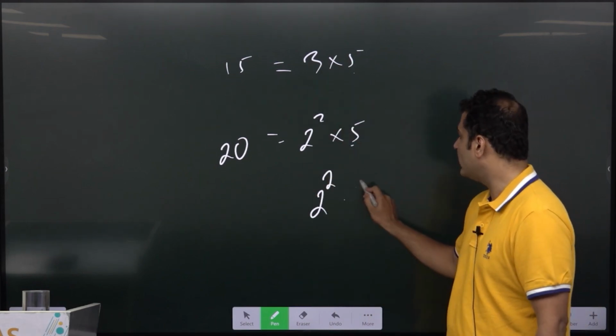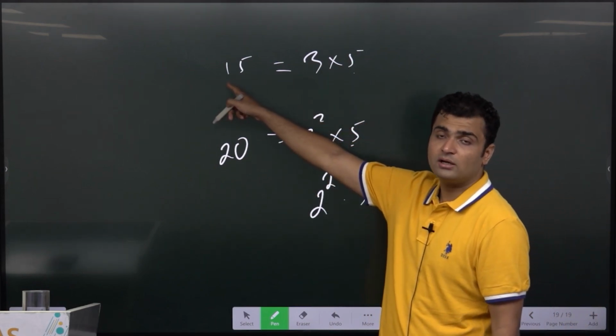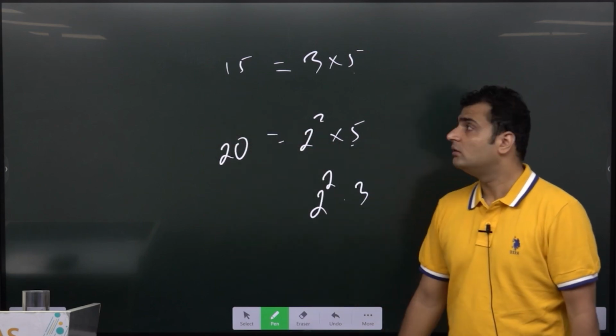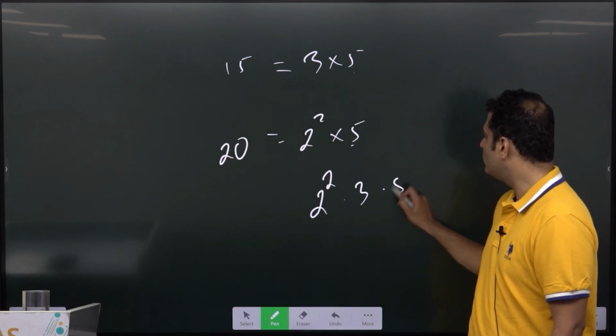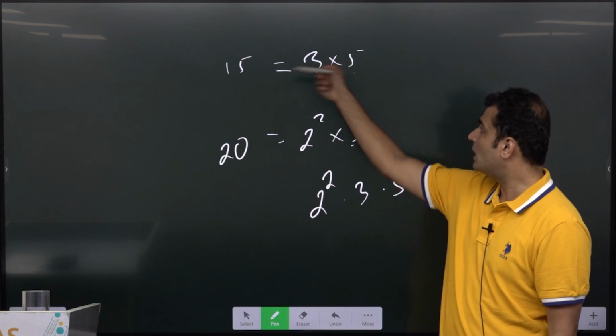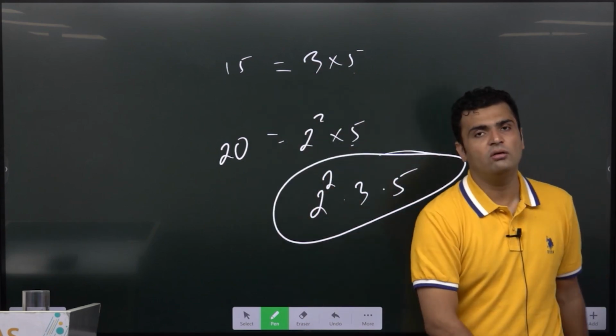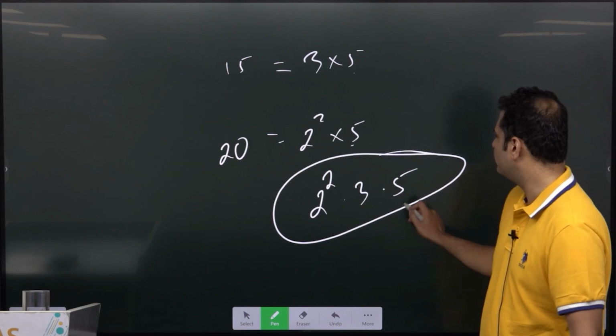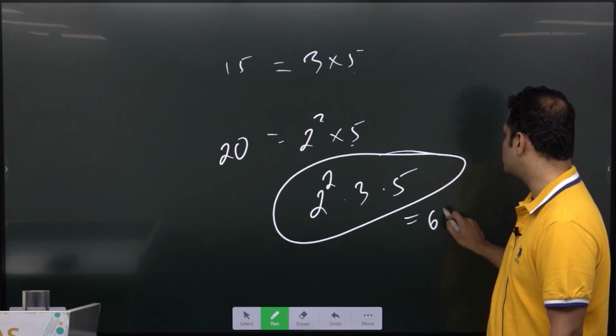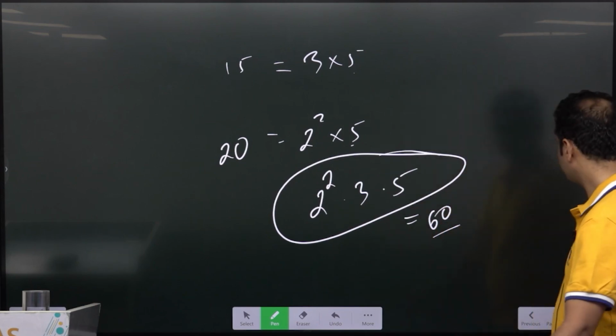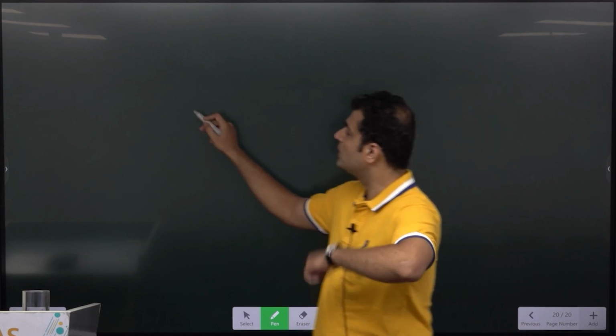Then 3 होना ही चाहिए, because that is also this number LCM is also multiple of 15. और 5 भी होना ही चाहिए, क्योंकि यहां पे भी है वहां पे भी है. So this is the least common multiple of these two numbers. जो भी है, क्या 60 है ये? 60. ठीक है, कोई भी और नंबर ले लेते हैं थोड़े से.